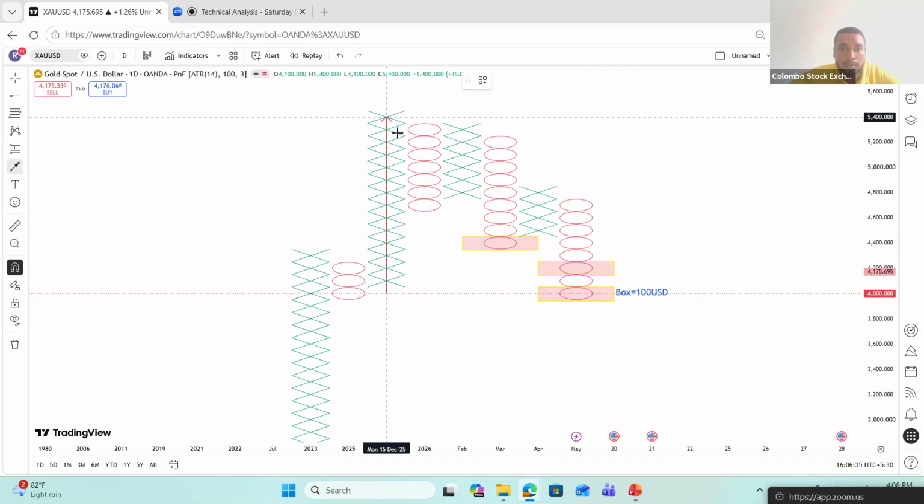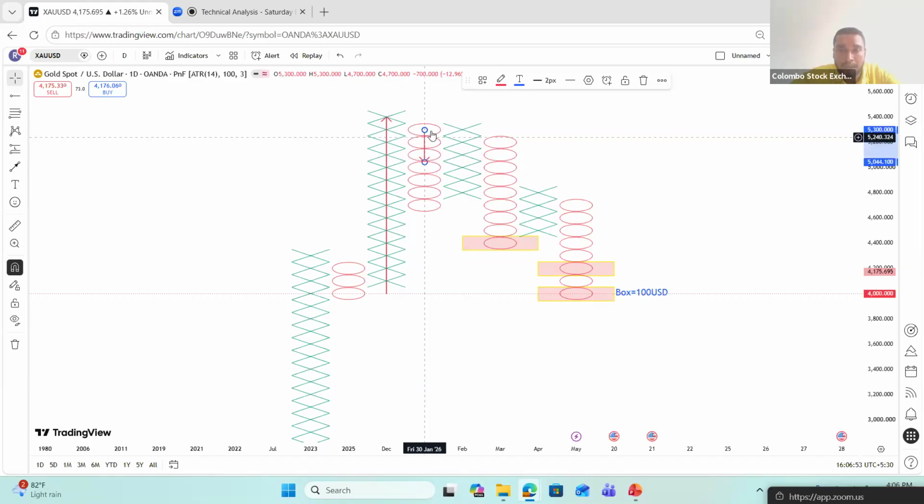In this case, there should be a 300 USD decline in gold. Only after that 300 decline has occurred does this display come in. These 3 O's appear when the price has already gone down by 300 USD.